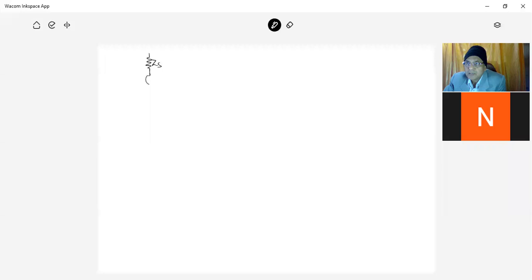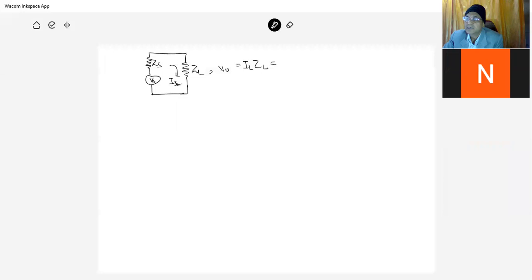We can say the circuit is something like this. ZS, here it is source VS, and this is your load ZL. The current is flowing like this, IL. So V0 potential is IL ZL.